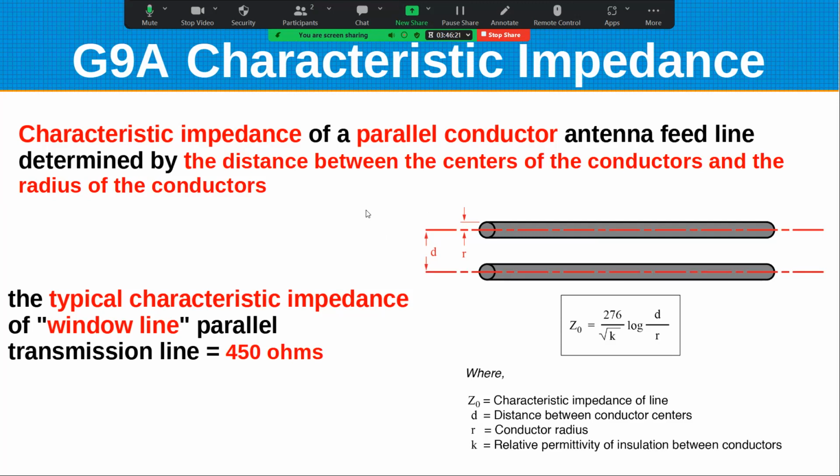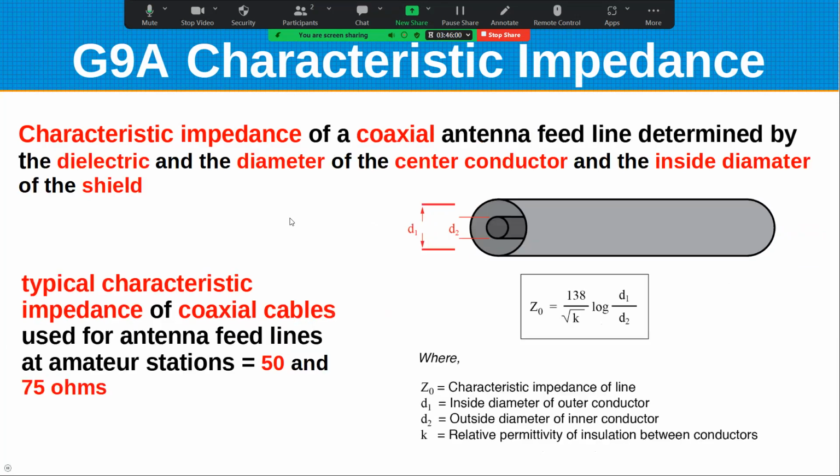Ladder line is about 6 inches apart. Standard TV twin lead, which is probably a half inch, is 300 ohms. And the one in the middle, which we call window line, is 450 ohms. That one's on the test.